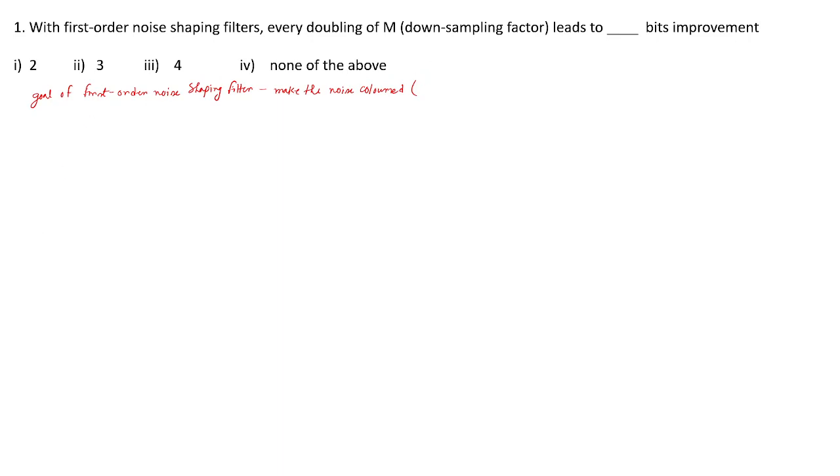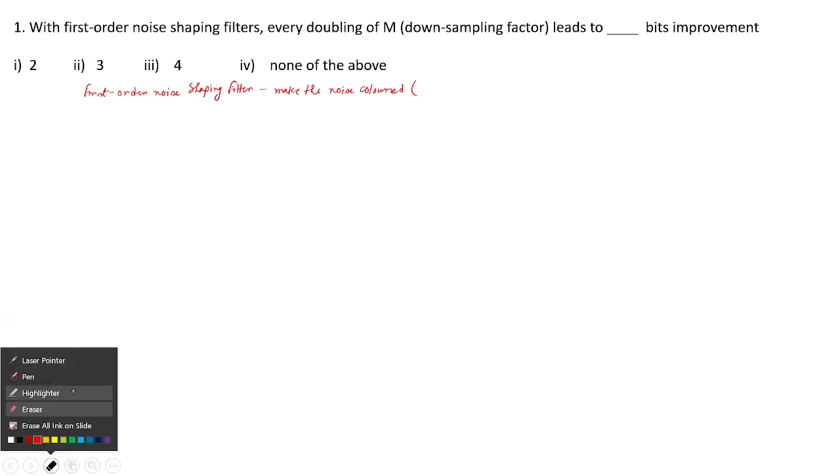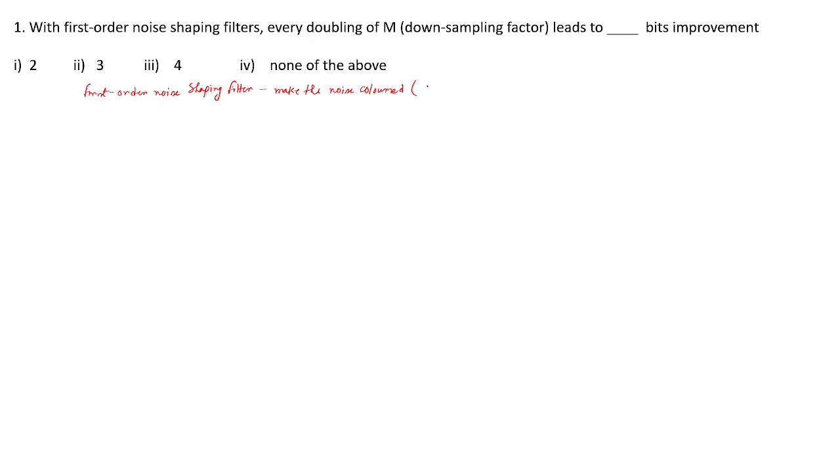First order noise shaping filter does that. This is known as the coloration process.